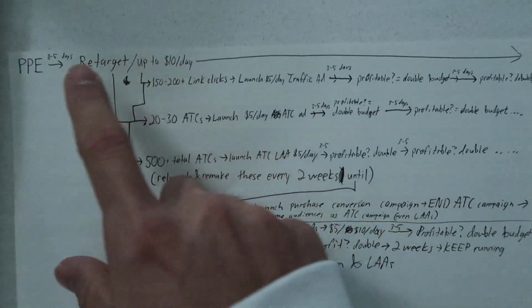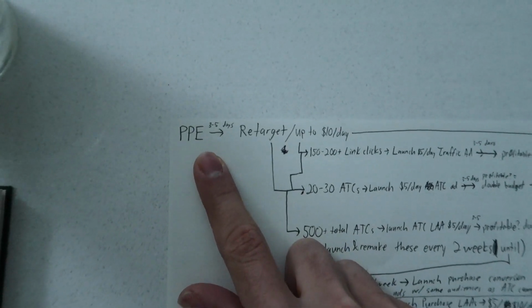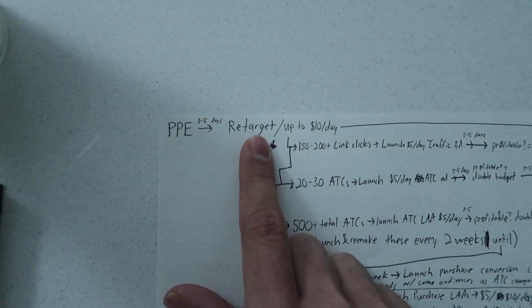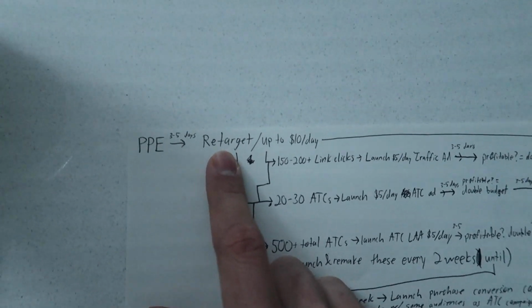So you're going to launch that pay per engagement, and you're going to wait 3 to 5 days. This is going to be the big 5, just a broad PPE, and then you're going to figure out where it's working the best, and that's when you're going to retarget to where it's working the best.